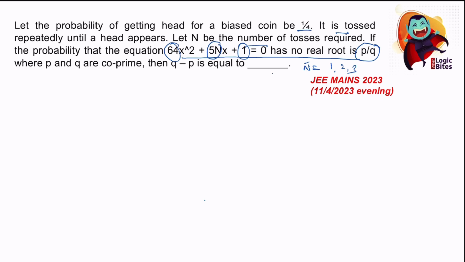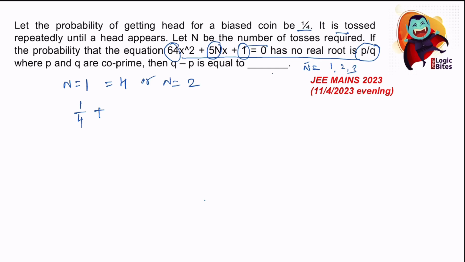So when our n is 1, what does that mean? When our n is 1, it means a head has appeared on the first toss itself. When we toss the coin the first time, the head has appeared. So the probability of getting head will be 1 by 4. Or when n is equal to 2, when we toss the coin the first time, we are not getting head.